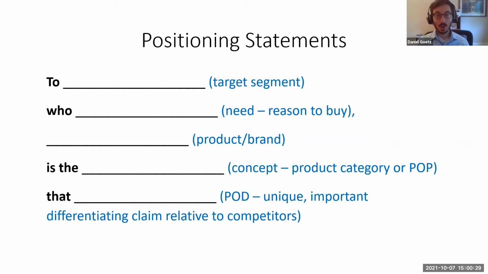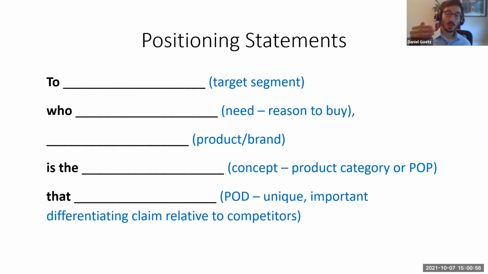If we wanted to do one for, say, Bumble, we would just incorporate all of the analysis we already did, right? So maybe two people with a smartphone who want to find a relationship. Bumble is the social networking app that empowers you to make healthy connections, something like that, right?